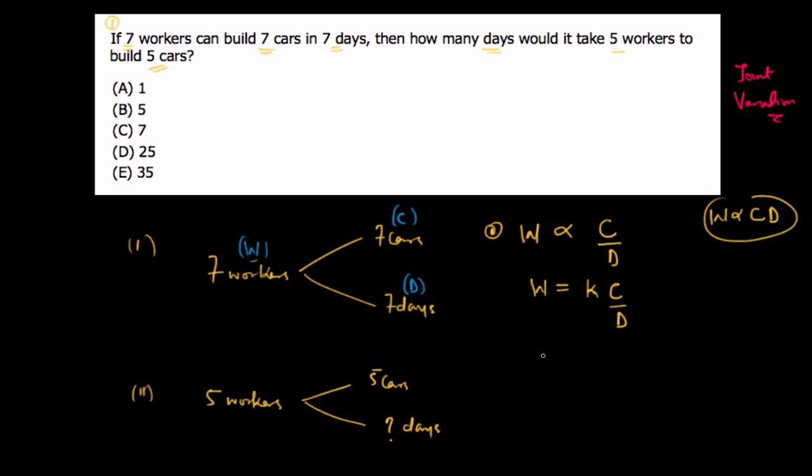So 7 equals K times 7 divided by 7. When you cross multiply, you get 7 times 7, which is 49, equals K times 7. So you divide both sides by 7.